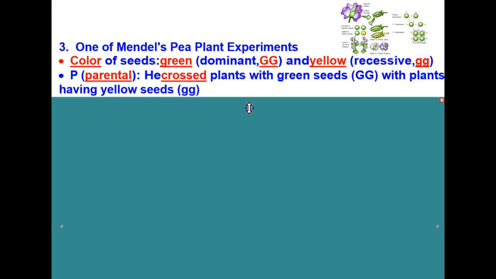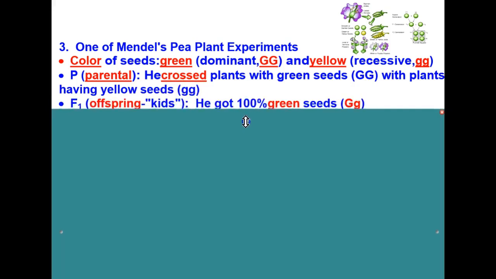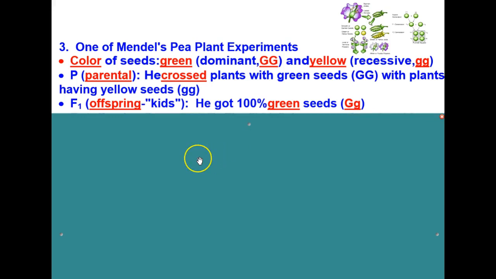In his parent generation, the P generation, which is the parental generation, he crossed plants with green seeds that were homozygous dominant with plants having yellow seeds, which were homozygous recessive. And what he found in his first offspring, and F stands for filial, or you could just use the term offspring. Offspring are the kids of the parent generation.